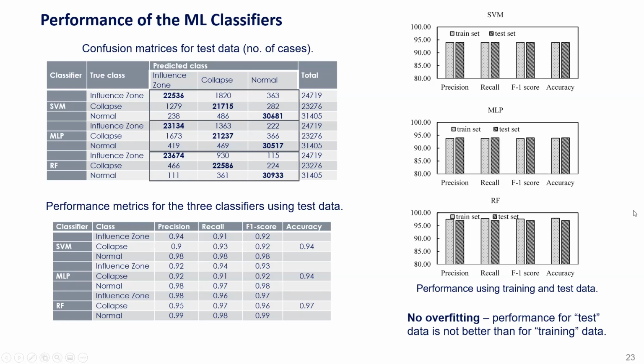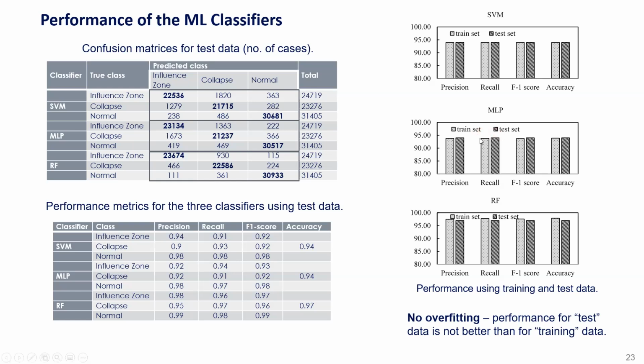Now, it's important to look at the performance in terms of both the training set and the test set. You can see here that in most cases, the performance metrics for the test set are lower than for the training set, except for MLP.